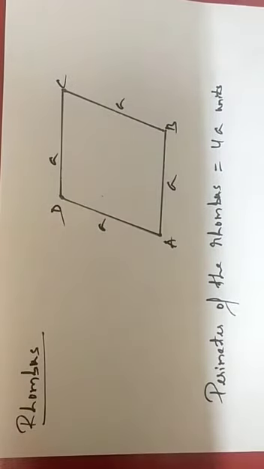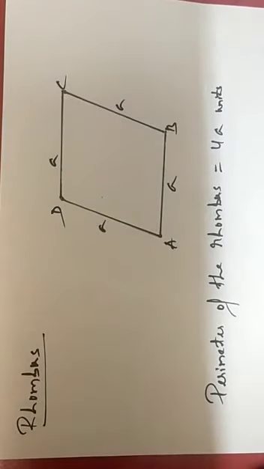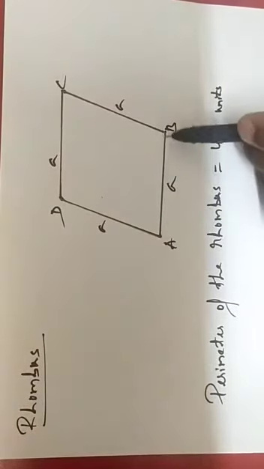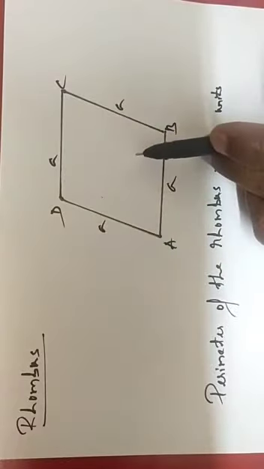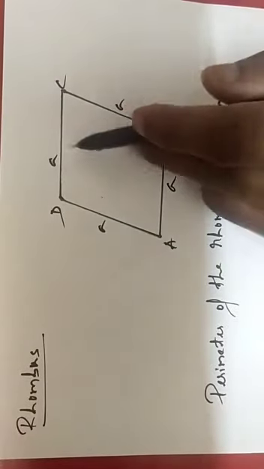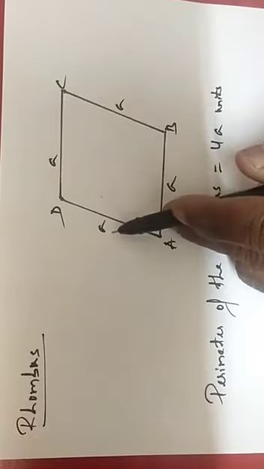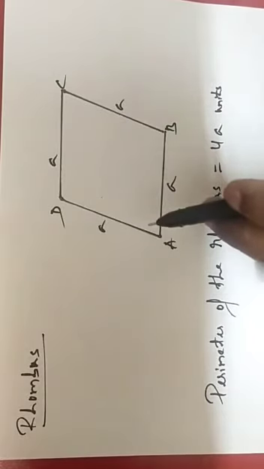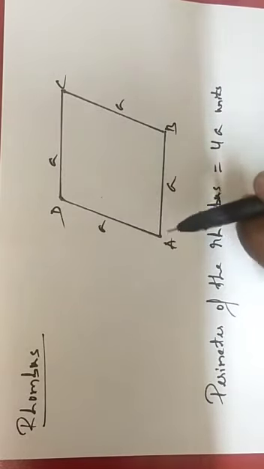Now let us try to understand finding the perimeter of the rhombus. Children, do you know what is a rhombus? Here you can see this is the rhombus I have drawn, ABCD. In a rhombus, all the sides are equal and the diagonals of the rhombus bisect each other at 90 degrees.